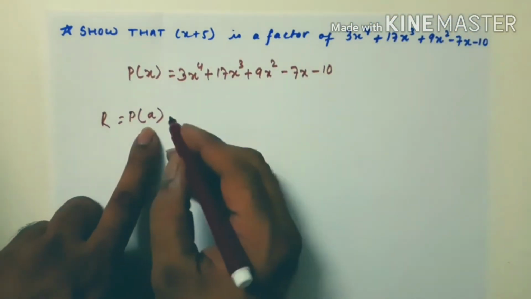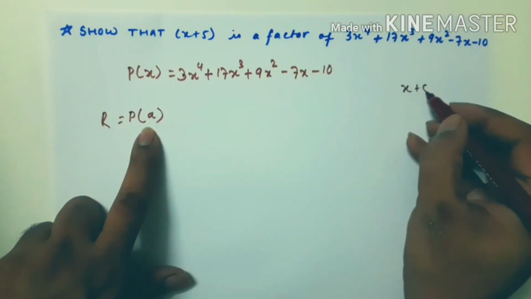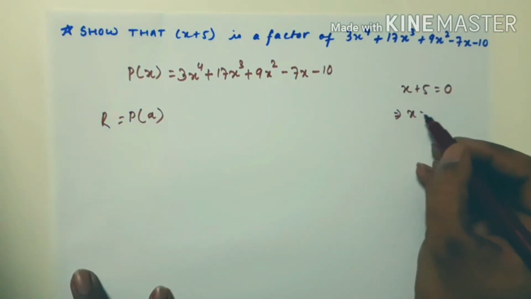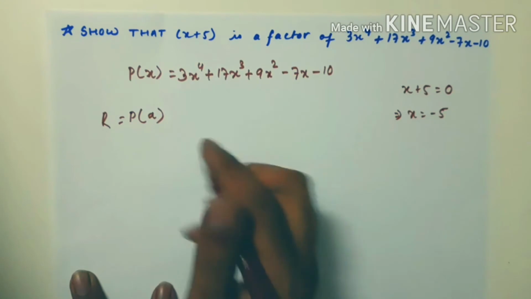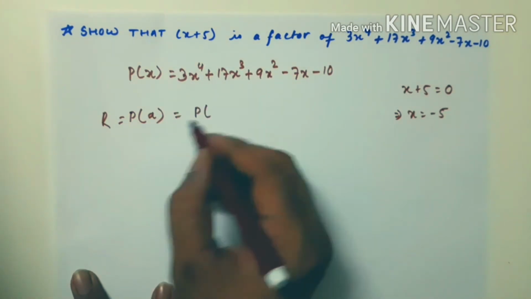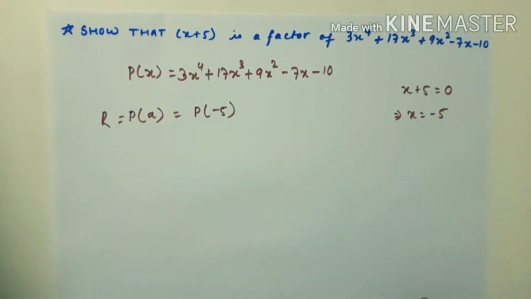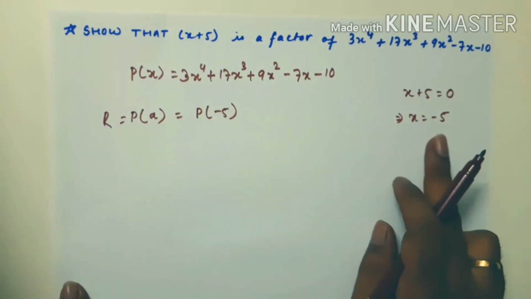How to find it? Just put the divisor equal to 0. So x plus 5 is 0, so x equals minus 5. In place of a, we will just put minus 5. This is the way we find this a.